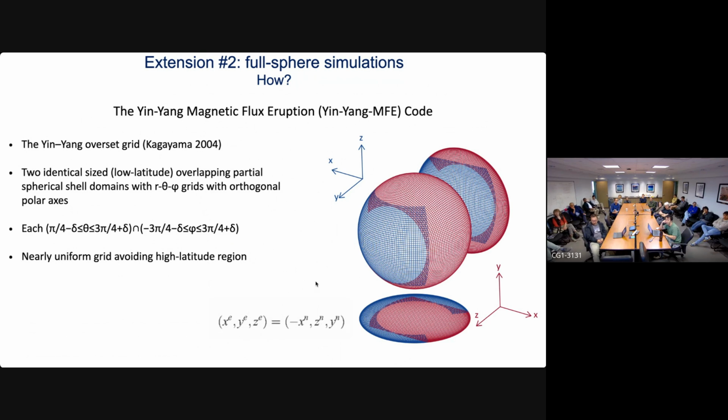So we have two grid patches of spherical shell, each covering 90 degrees in the theta direction and 270 degrees in the phi direction. We have a nearly uniform grid, avoiding the high latitude region, so avoiding grid anisotropy, the singular pole area, and also the time step limit because we are not going to the pole.